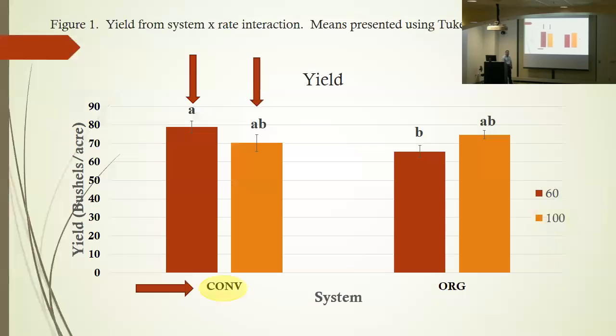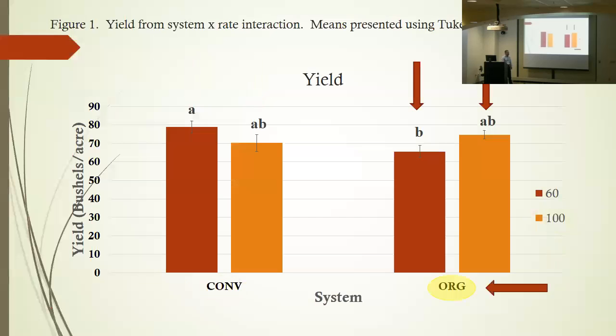Also, within the system itself, there's not much difference in the average yield, also for organic.